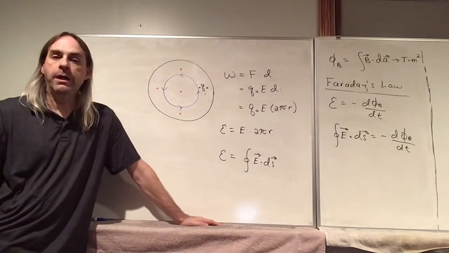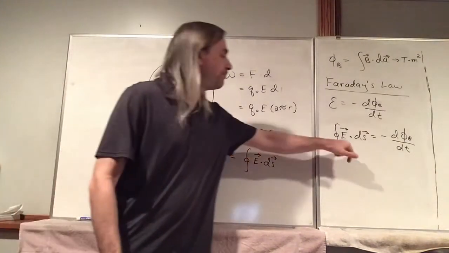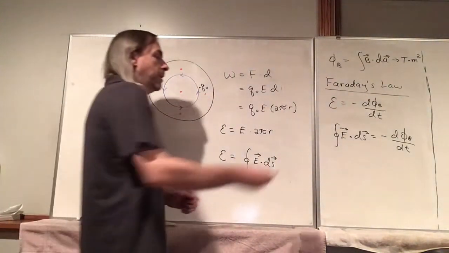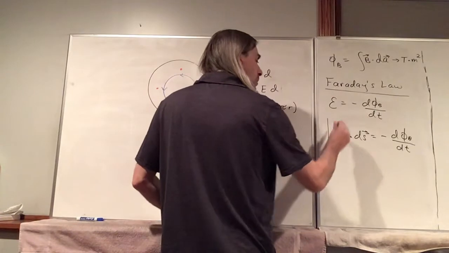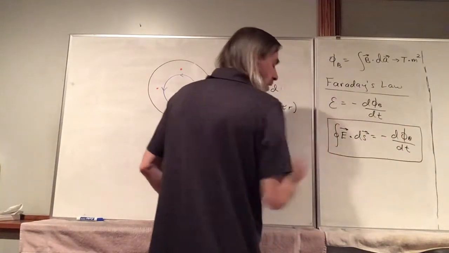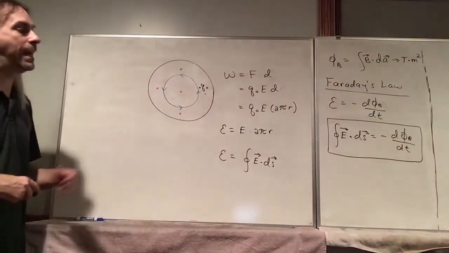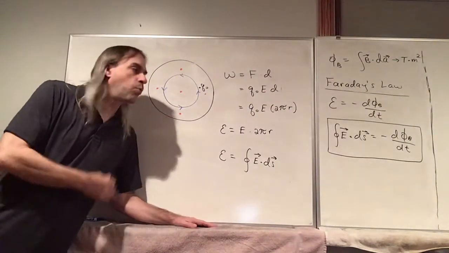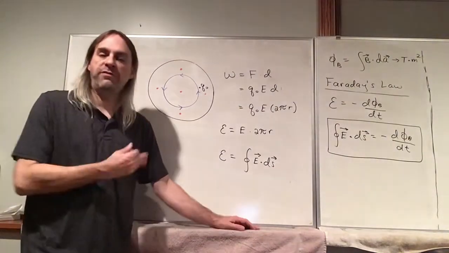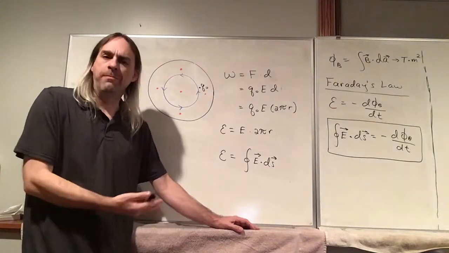Faraday's law applies. And so in this form, I'm going to put a box around this. Very, very important. This is called Faraday's law, and this is one of Maxwell's equations. Might sound strange, it's Faraday's law. Why are we calling it Maxwell's equation?